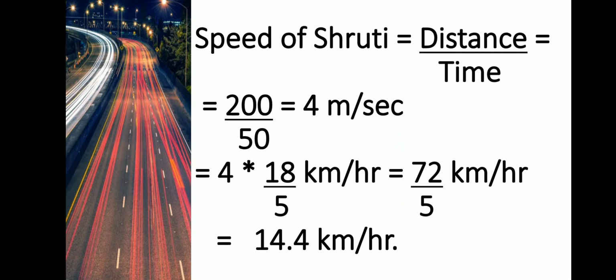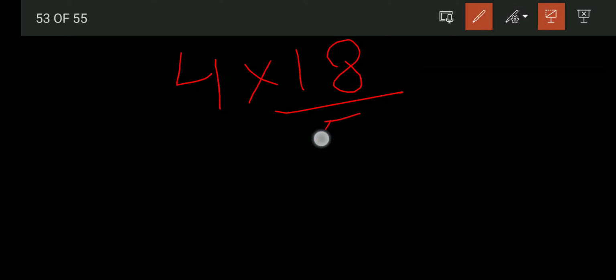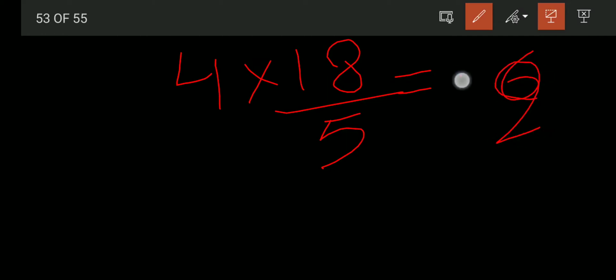Now we have to convert this meter per second into kilometer per hour. So what are we going to do? We are going to multiply this 4 with 18 by 5 and it will be converted into kilometer per hour. 4 into 18 by 5. 4 8s are 32. 4 1s are 4 plus 3, 7. 72 by 5.